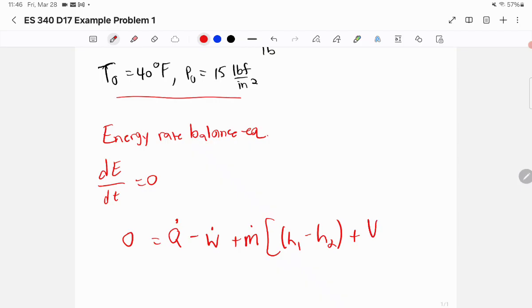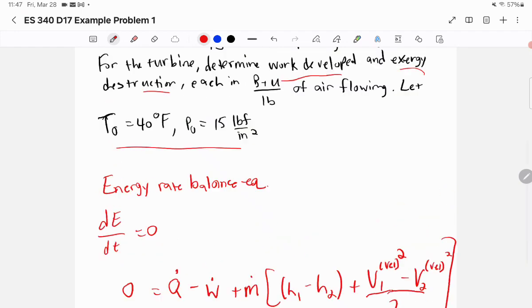plus V1 squared, the velocity, squared over 2, minus V2 velocity squared over 2.